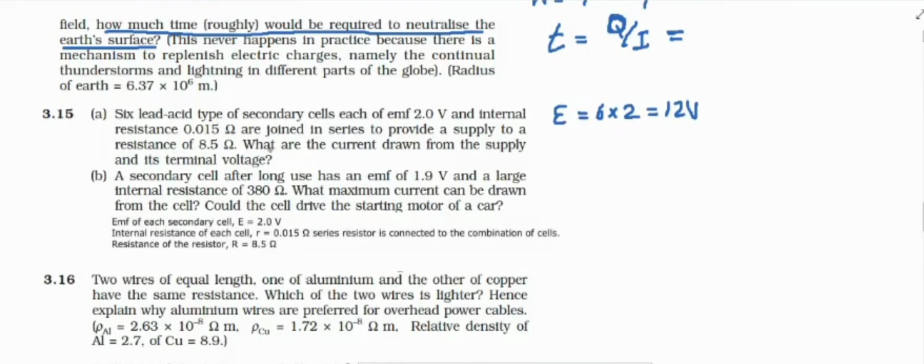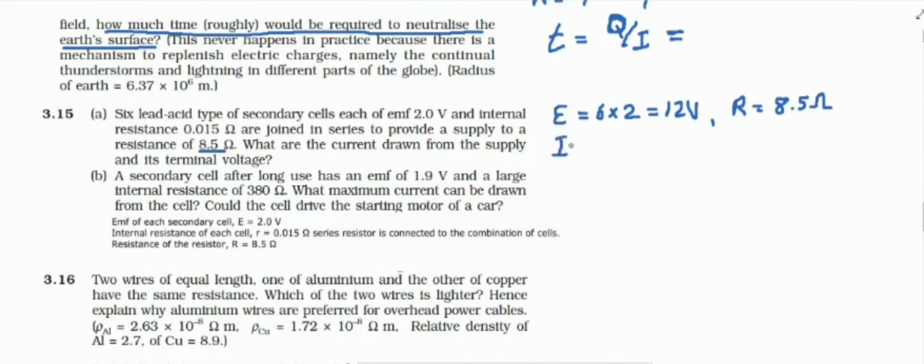Then internal resistance 0.015 ohm, joined in series to provide a supply to a resistance of 8.5 ohm. 8.5 ohm is the external resistance. Internal resistance of each cell is given, so into 6 will give a total internal resistance. Then what is the current in the circuit and terminal voltage?